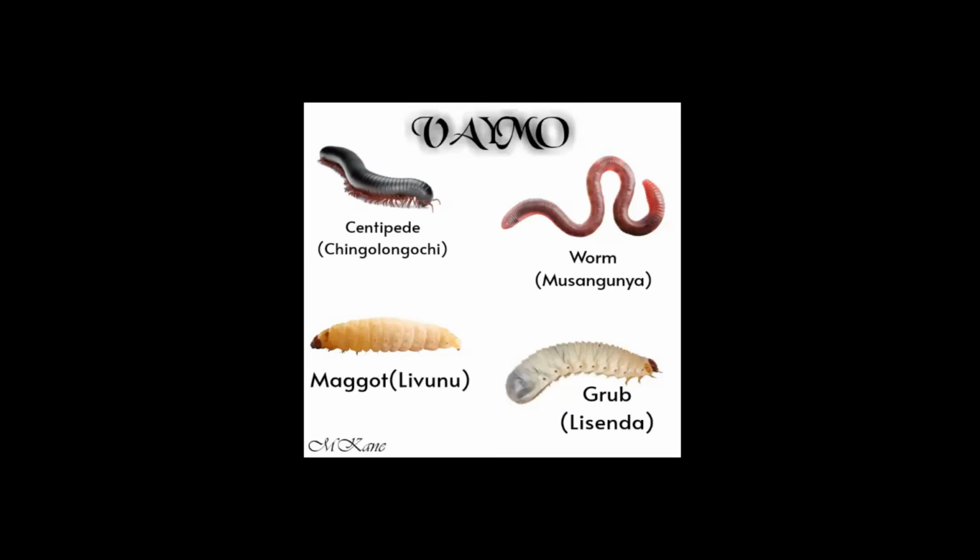Crab, lisenda. I don't know how many have come across this insect down here, lisenda. This insect is mainly found where kettles stay, that cage for kettles.